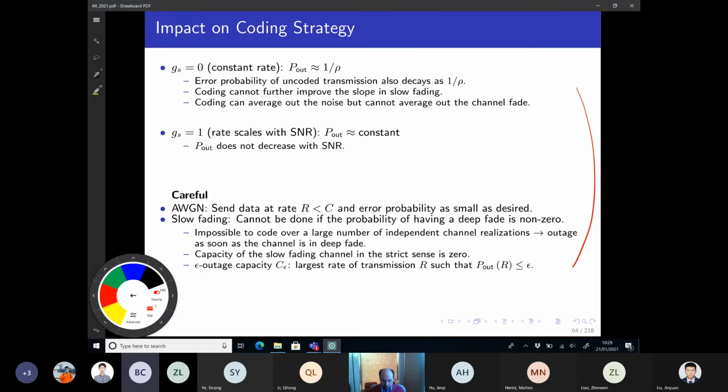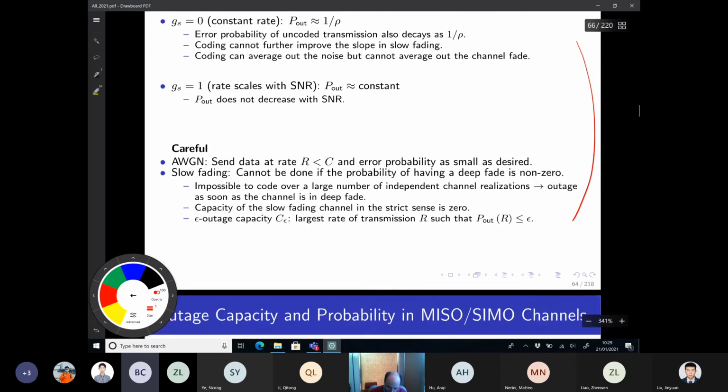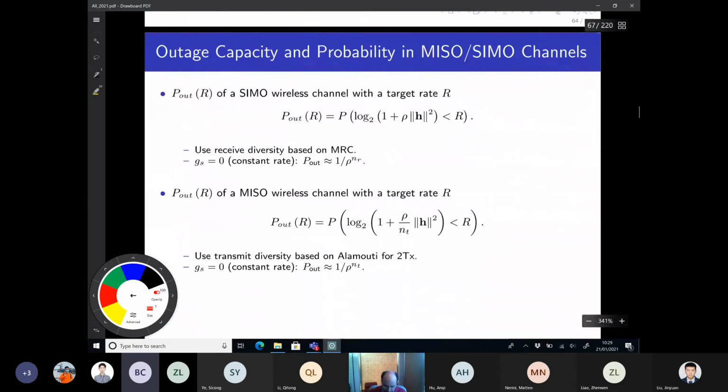And how often you're going to get this outage depends on how you fix your rate of transmission. If you increase your rate of transmission with the SNR, you're going to have more outage. If you have a fixed rate, whatever the SNR, your outage will decrease essentially. The likelihood that you're going to have an outage will be decreased. Any questions? Again, feel free to interrupt me.